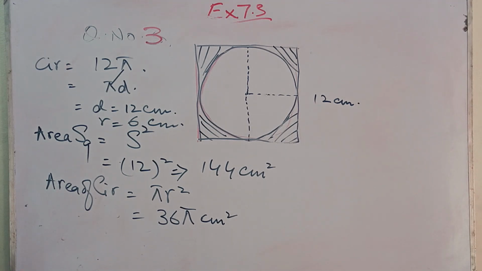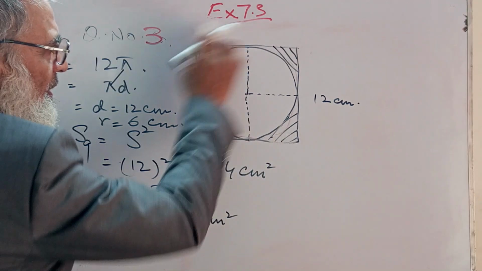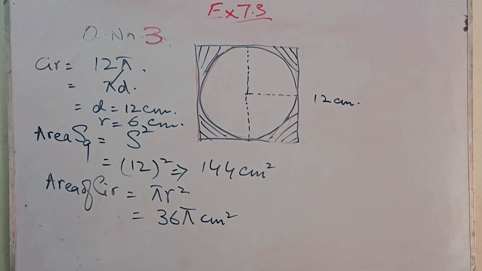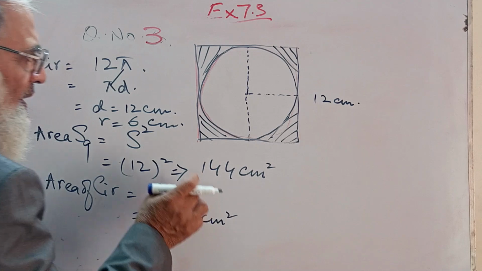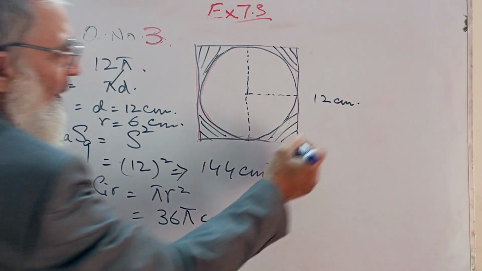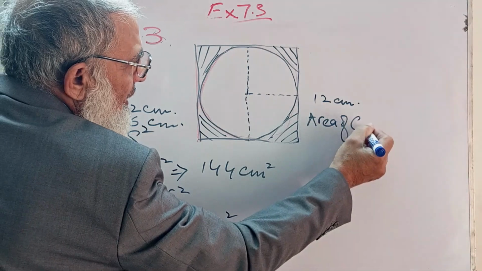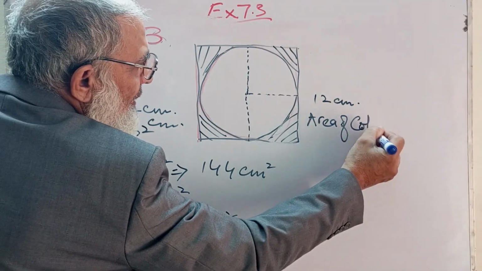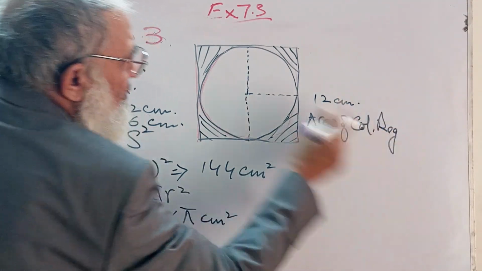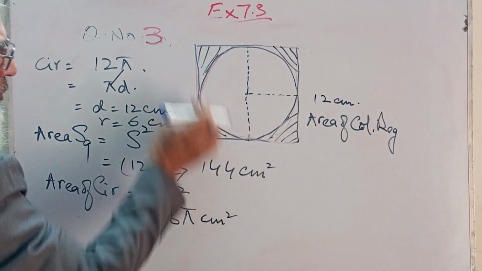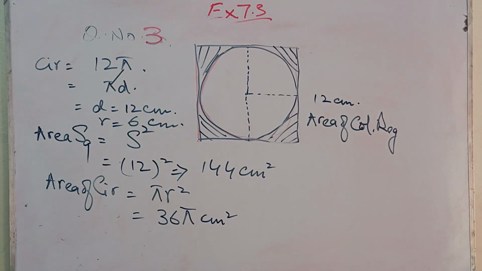Now what will be left from the area of square? The area of the remaining part, the area of the colored region, is equal to, now this is the colored region, only the corners of the square.